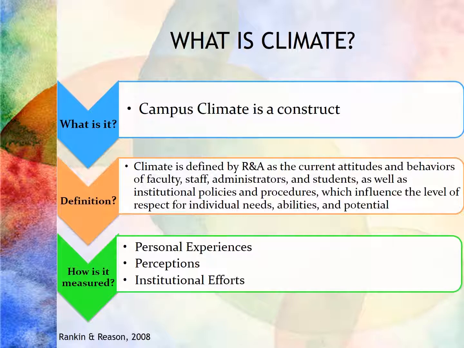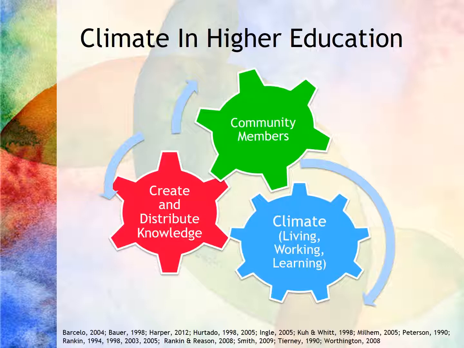How we measure it in our work is how you personally experience the climate from where you sit in the institution, how you feel it's for everybody else in the institution, and what we're doing or not doing to address those things at the institution. So when you look at those 3 things, we then look at, so what is climate? We can go to the next slide, Mary, thank you. We see climate as a 3-cogged wheel.